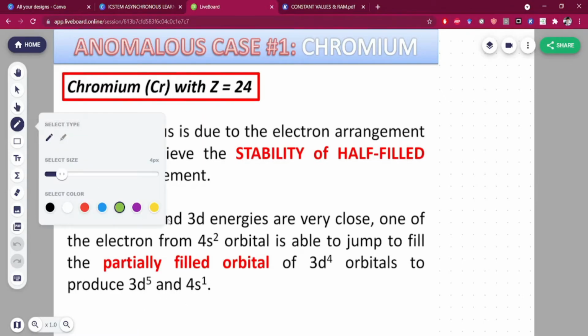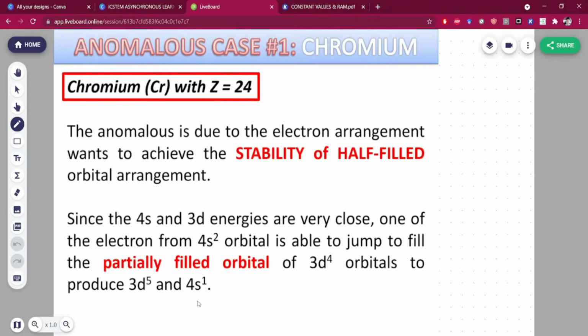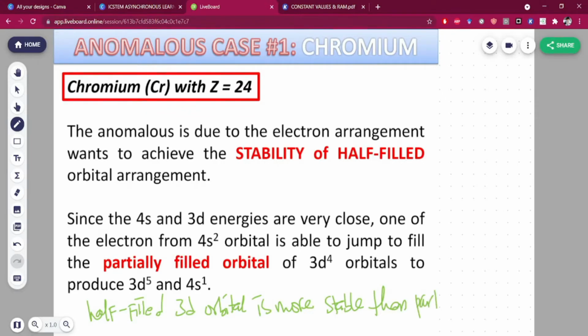So in other words, you can write: half-filled 3d orbital is more stable than partially filled 3d orbitals.